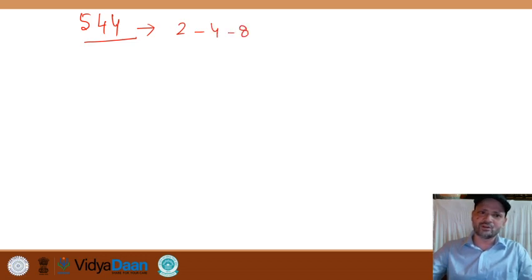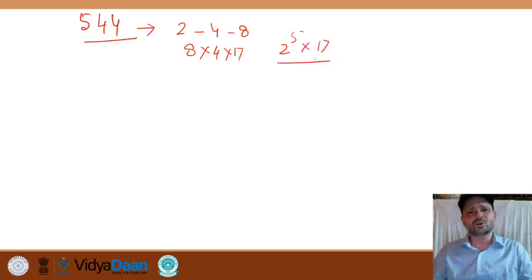After 8, it is even divisible by 16 and 32 also. Further, 68 comes, and 68 means 4 into 17, so it will be 2 raised to the power 5 into 17. So that way you go for prime factorization.